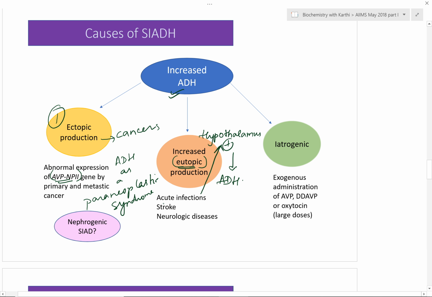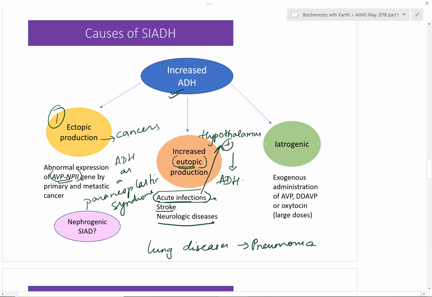So they might happen in the case of acute infections. So mostly you have lung diseases or lung infections such as pneumonia, which result in the increase in ADH. Might also happen in stroke and neurological diseases. So what is the mechanism in acute infections?